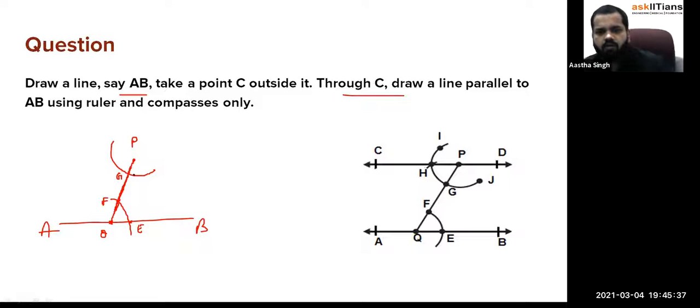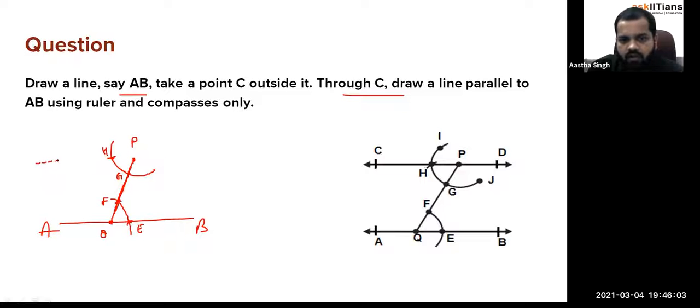Now measure from point F to point E, and draw the same distance from point G, and suppose this point will be H. Now you have got a point H, and point P is also there.